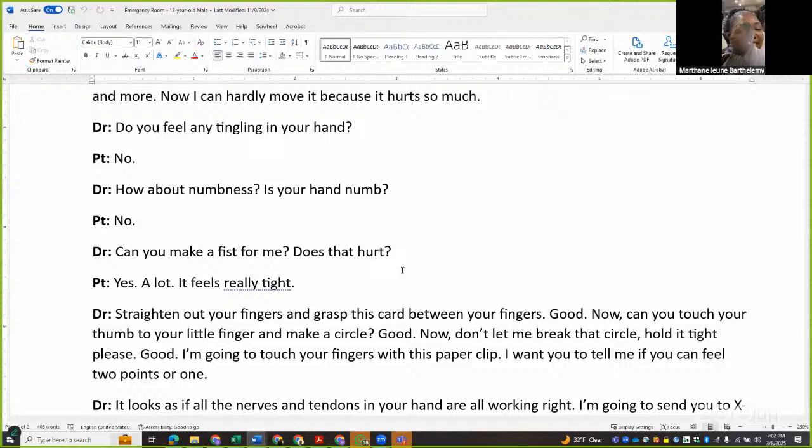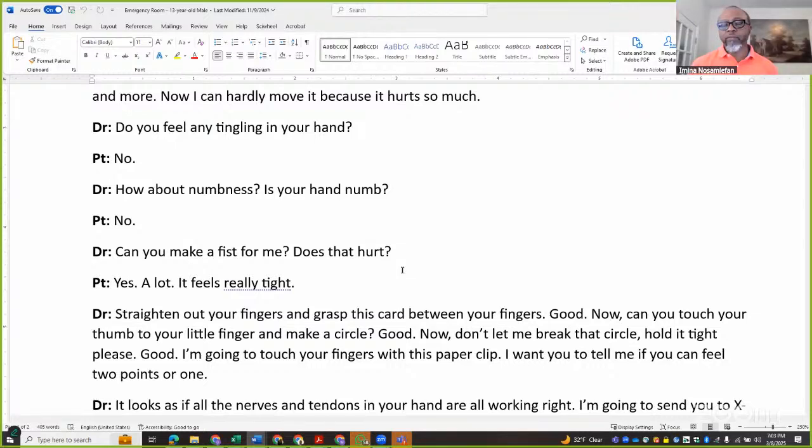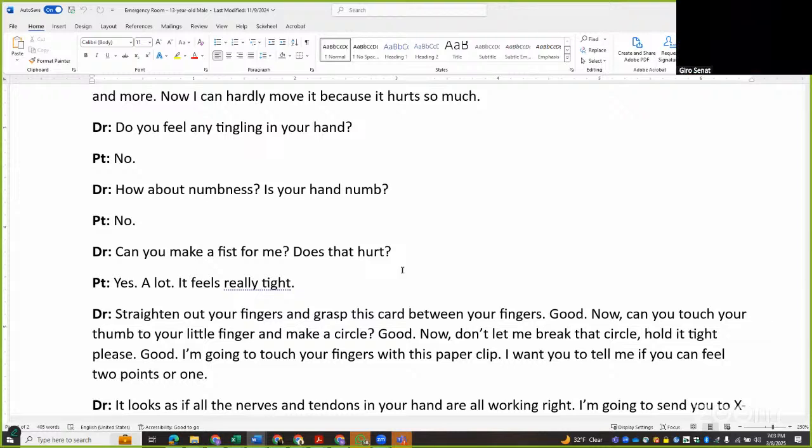Oui, moi, doit être avec clips papier ça. Doctor: I want you to tell me if you can feel two points or one. Moi, vle pour dire, est-ce qu'on capable de sentir deux points ou bien yon?